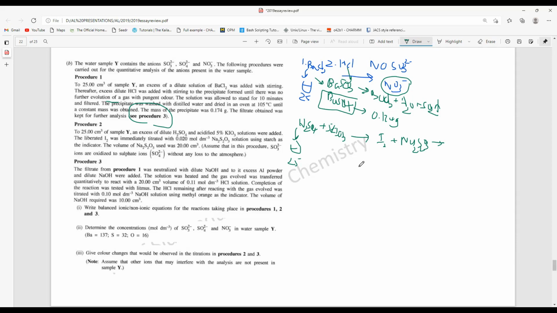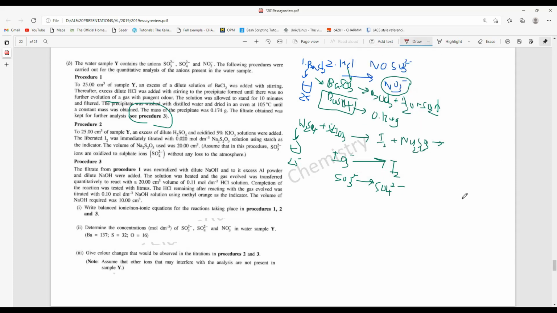That should happen, right? Because if I check what is the reaction that is happening here, basically IO3 minus is reduced to I2. In the same way, on the other hand, SO3 2 minus is oxidized to SO4 2 minus.